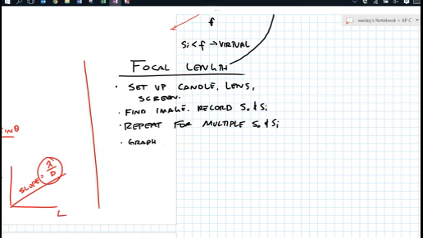And then we're going to graph. For our graph, our equation is 1 over F equals 1 over SO plus 1 over SI. Sorry. 1 over SI is equal to 1 over F minus 1 over SO.